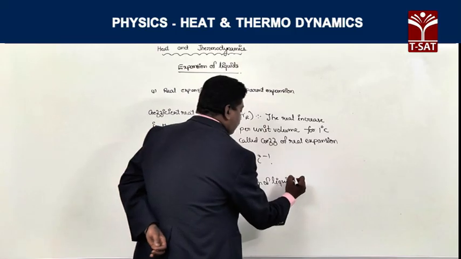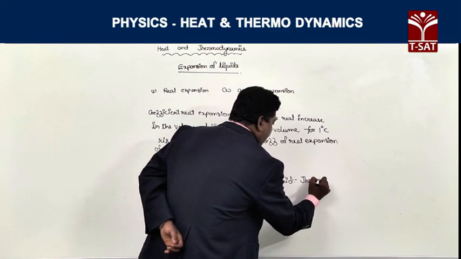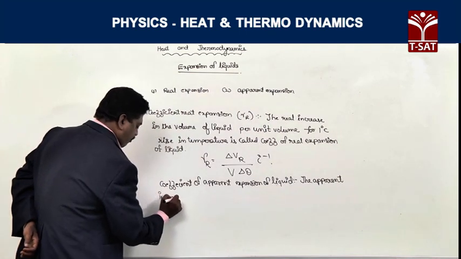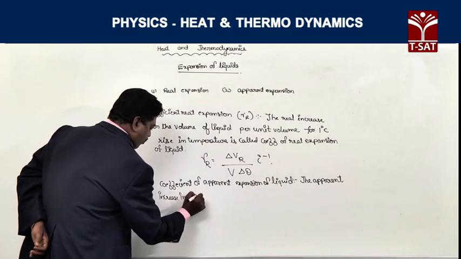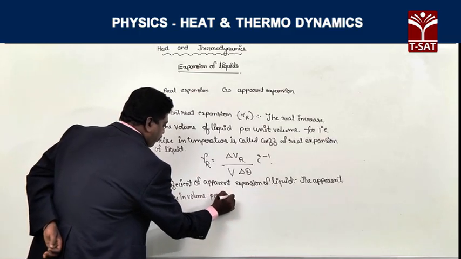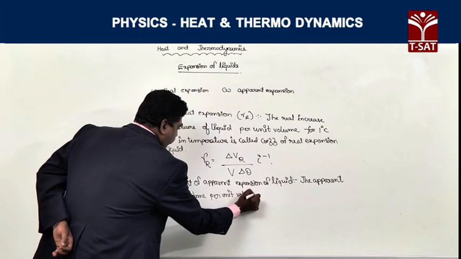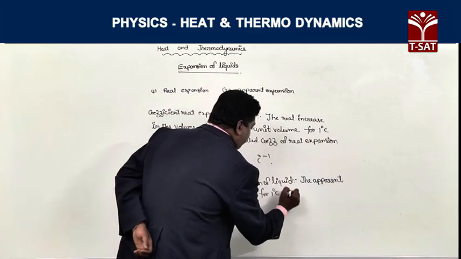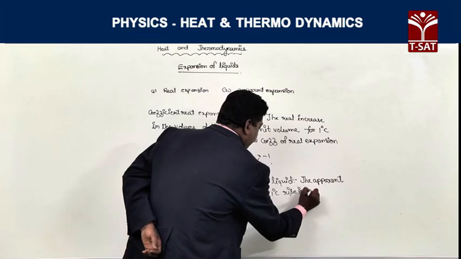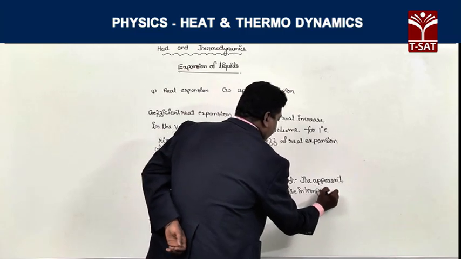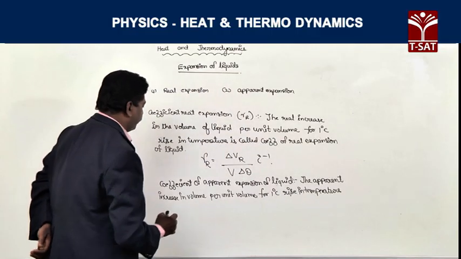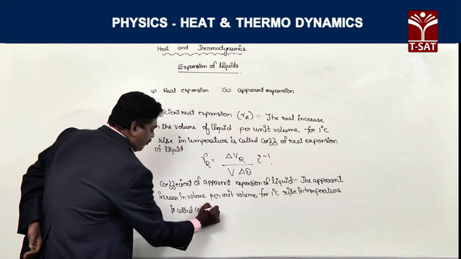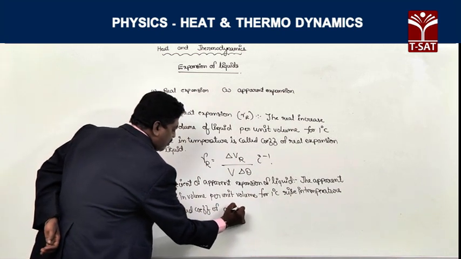Here what we say is the apparent increase in the volume per unit volume for 1 degree Celsius rise in temperature is called coefficient of apparent expansion of liquid.